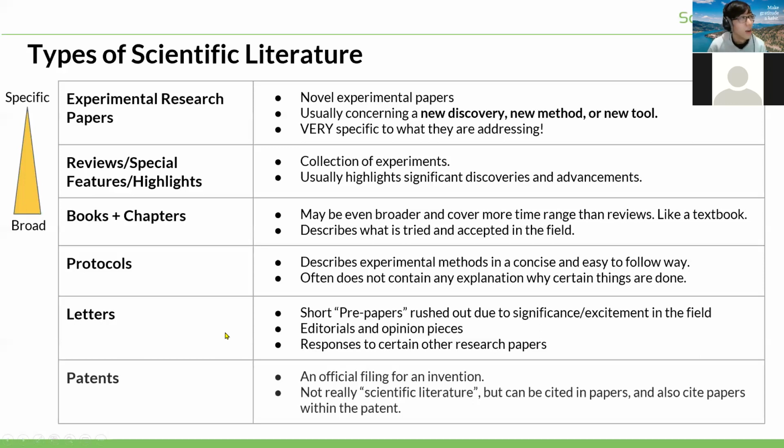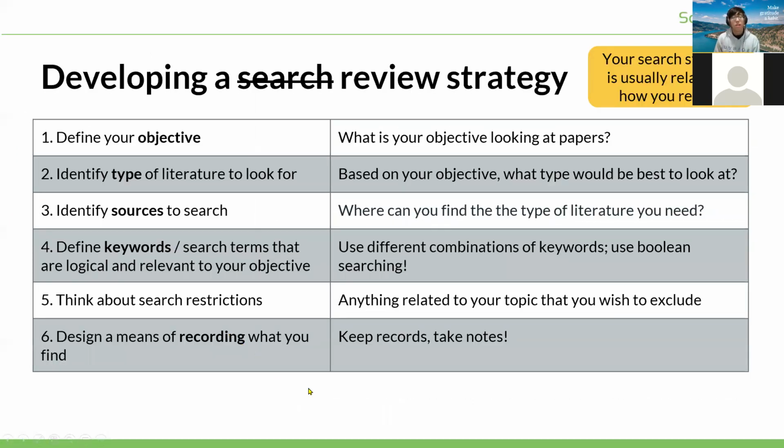Okay, what you're trying to do for iGEM is not searching for papers, it's really reviewing papers. So how you review changes how you search. What I mean by that is we're going back to the objectives thing. Based on your objective, how you might look for something changes, even how you might Google.